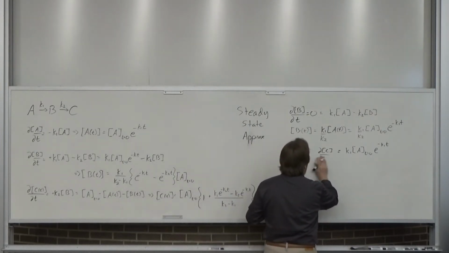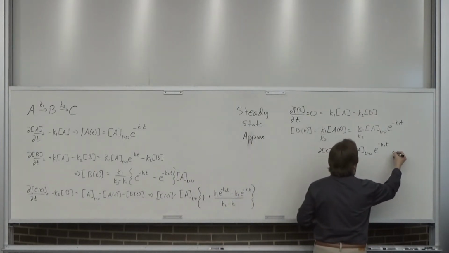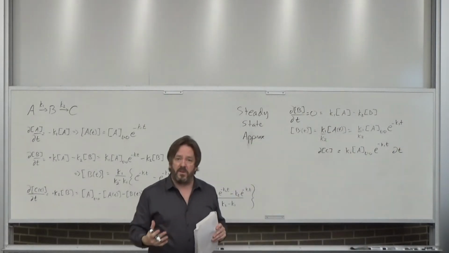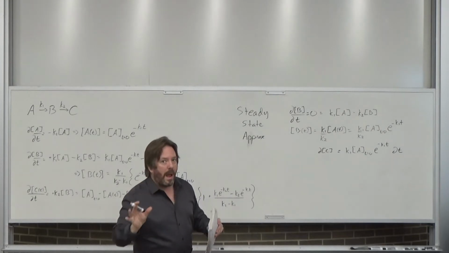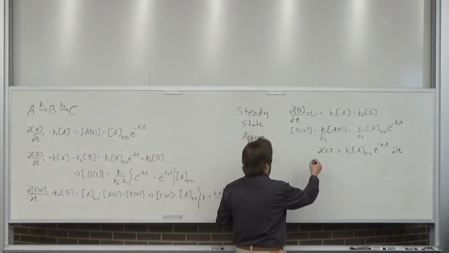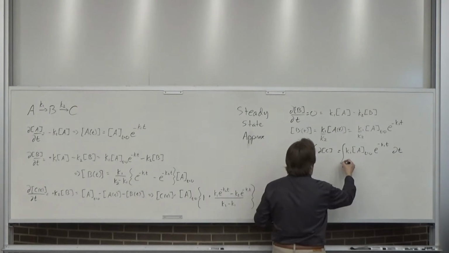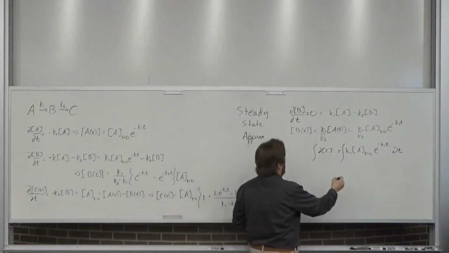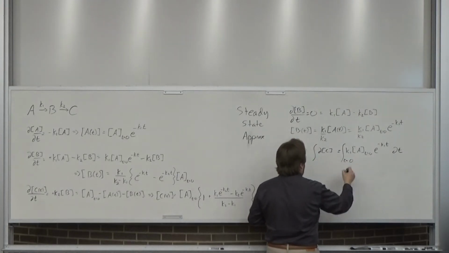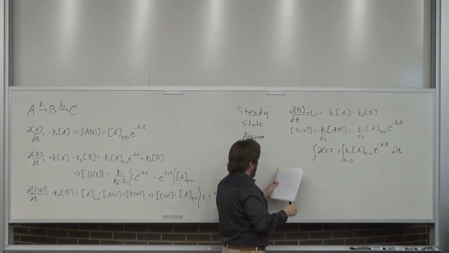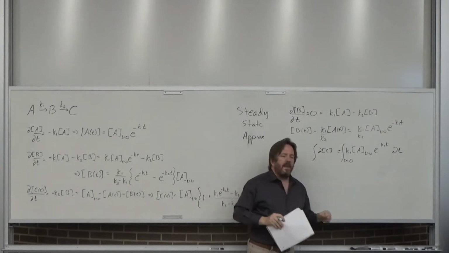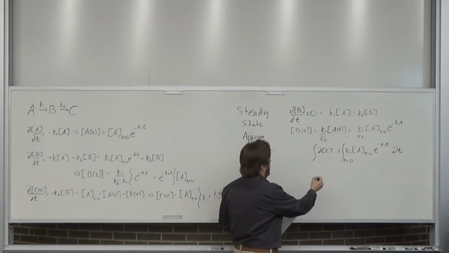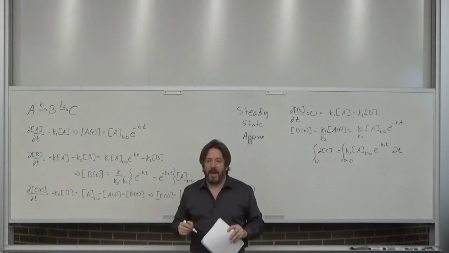So again, if it wasn't clear what I was saying before about how you bring the dt over, remember this is just how you solve a first order differential equation, which is way, way easy and way straightforward because they're just simple integrals. Simple integrals. Remember to line up the limits. So if the lower limit is 0, what is the initial concentration of C at time 0? It will be 0. It's a product. It hasn't had time to form yet.